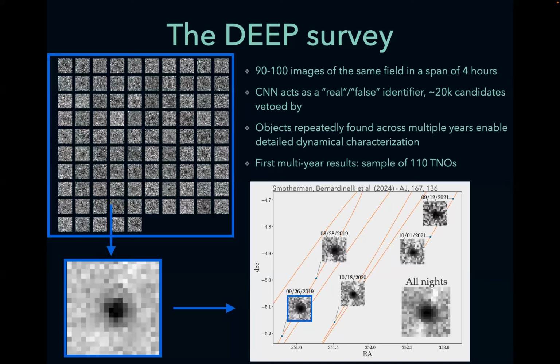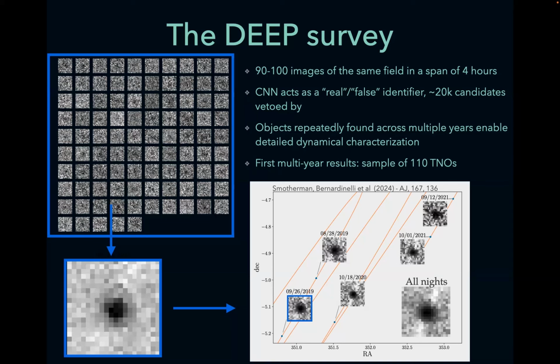And to do this, we had to use as inputs difference images, and difference images come with artifacts. So we had to come up with some clever ways of verifying our candidates. So we used the CNN as basically a real-bogus identifier for objects, but it still required us to visually inspect 20,000 candidates, which is a very annoying task if you have never done that.